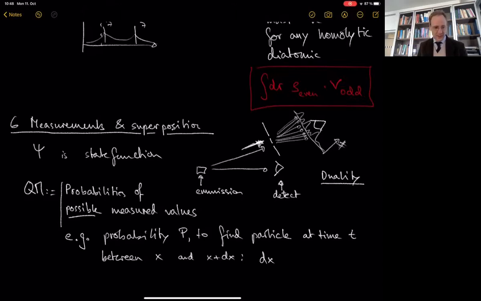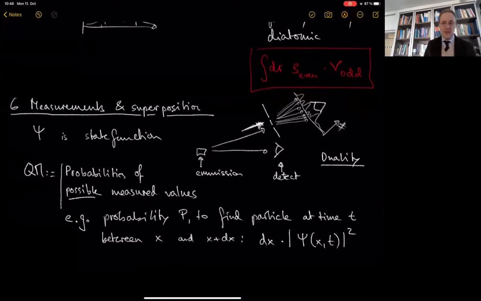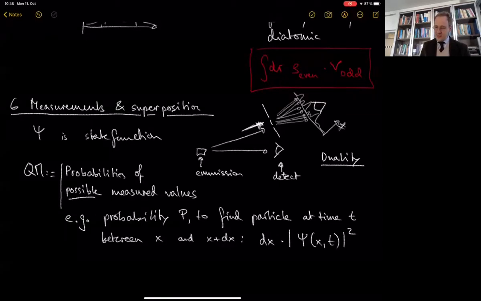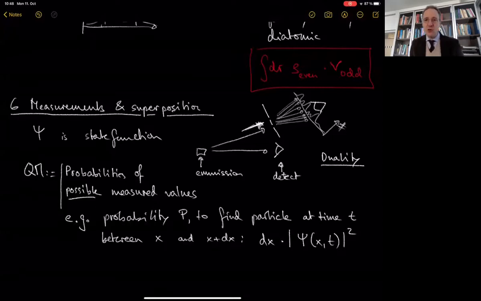So this must enter here, times your wave function squared. So this state function is basically supposed to be the square root of this probability. And this is also known as Born's rule.